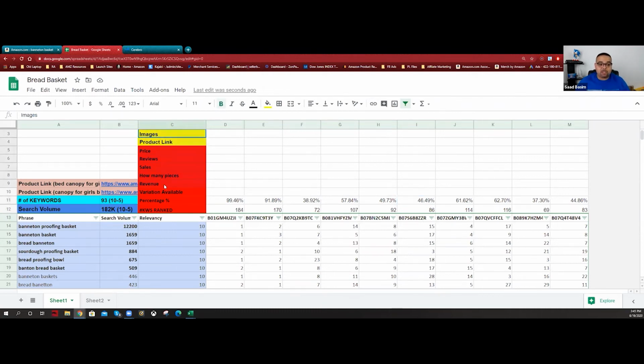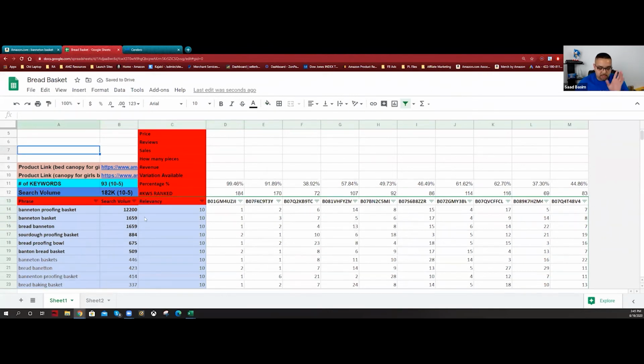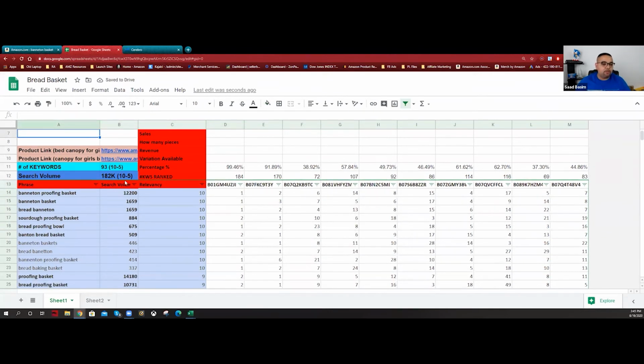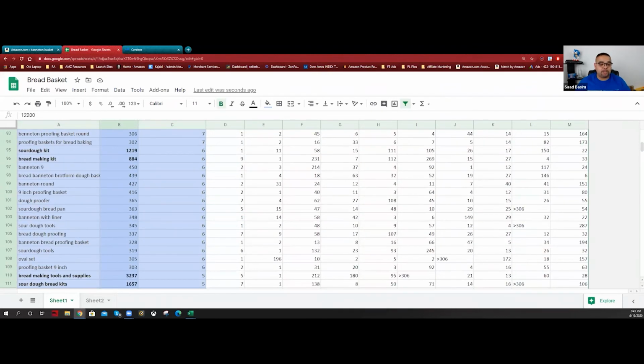Now I added extra stuff to make it really cool. So first I put this one red, just because I'm psycho, not because of anything, no relevance, no nothing, it's just me. Now you see here what I put: search volume for the top 10 to 5 high relevant keywords. So I'm going to take everything up to 5 position.